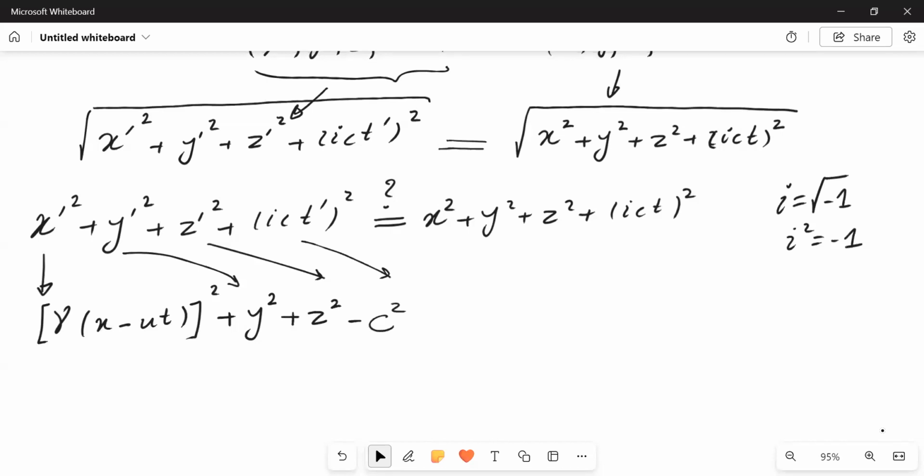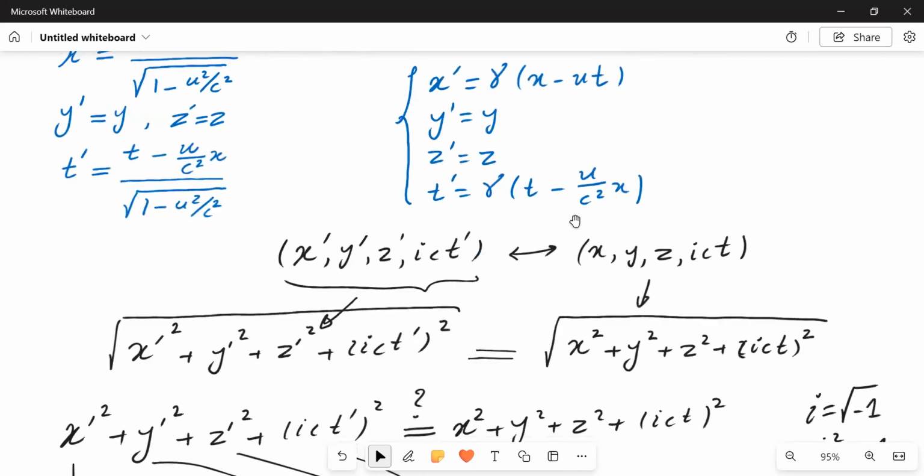For t prime squared, we would again use the proper transform of time in the Lorentz transformations, right? So it will be this guy squared.